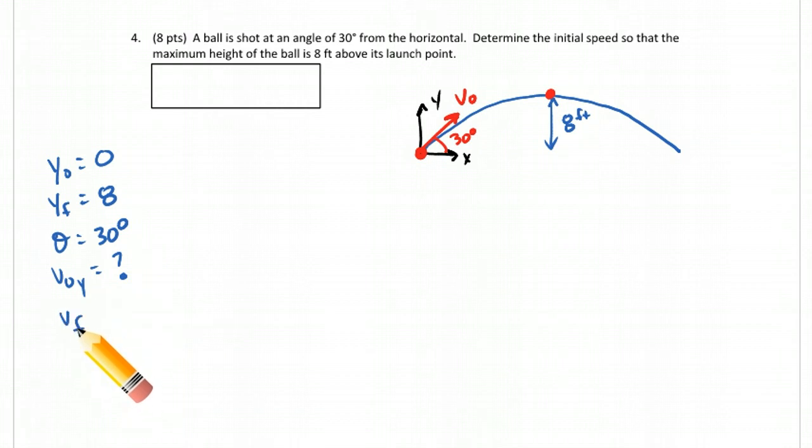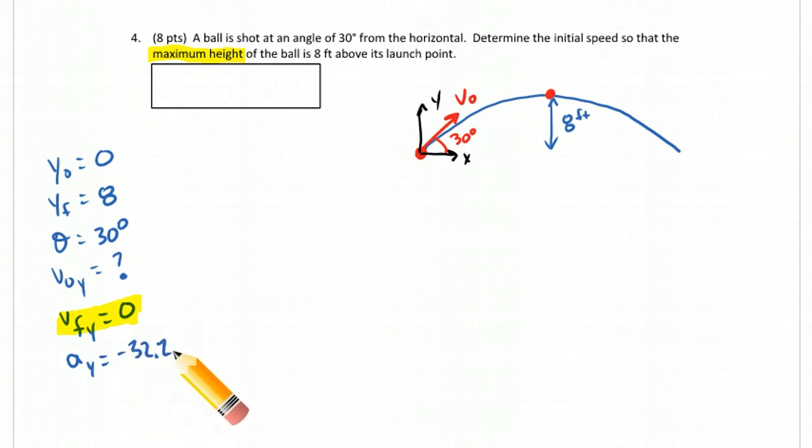And we also know the final y velocity is 0 because we're at our maximum height. So I'll highlight that. Maximum height, that's a key point here. And we also know that the acceleration in y is minus 32.2 feet per second squared.